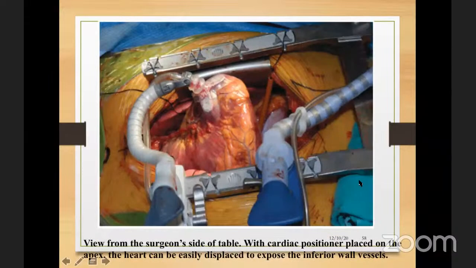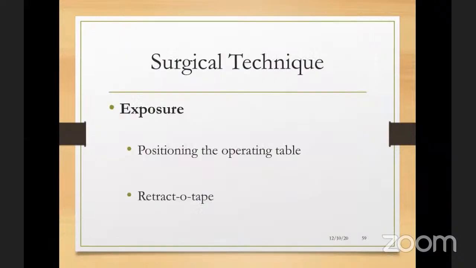Here, this view shows the cardiac positioner placed at the apex of the heart, and it can easily displace to view the inferior wall of the vessel.